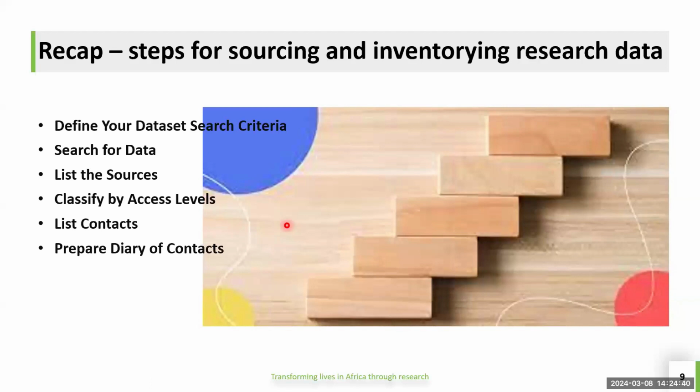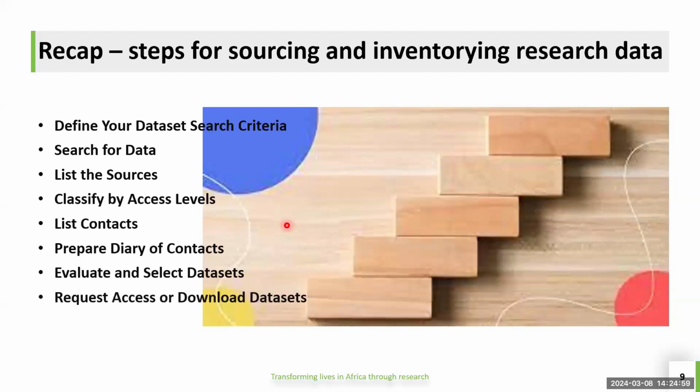I've just provided it as a list here, but it's really iterative. You're going sort of in a circle, repeating some of the steps as you need to. And then, of course, evaluating the data sets and then downloading or requesting access.